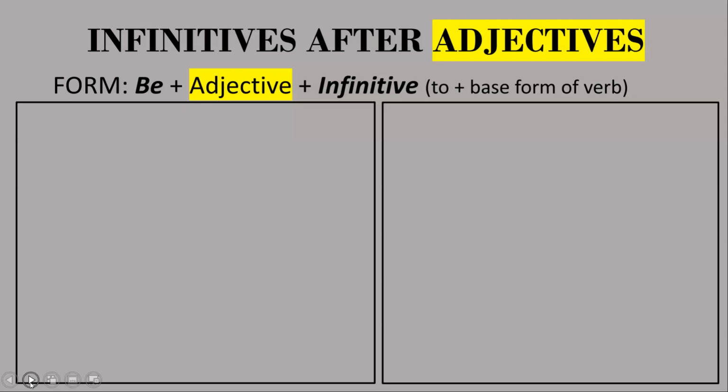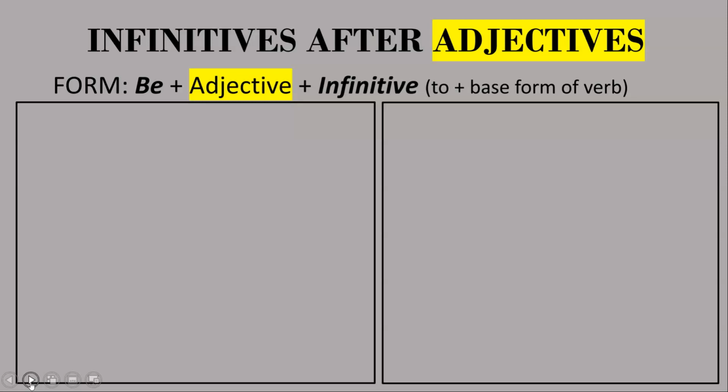And you guys can recall the infinitive is made up of the preposition to and the base form of a verb. This may seem a lot, but actually it's not. Once we show some examples, I think it's going to be clear.